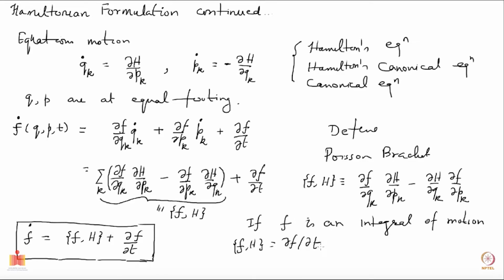And if further this quantity does not depend explicitly on time, then you get the condition for conservation of f. So let me write this down again. If you have f, which is a conserved quantity, and it depends only on q and p and not time explicitly, then if you take the Poisson bracket of f with H, you get 0. So this implies that f is conserved.